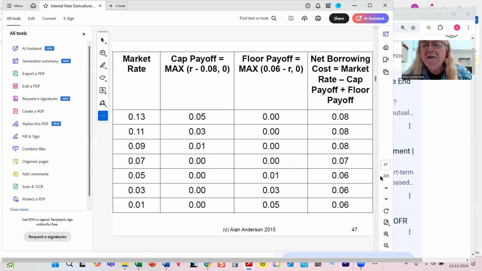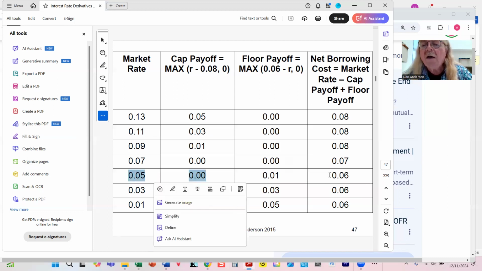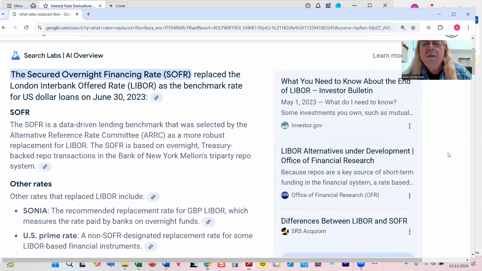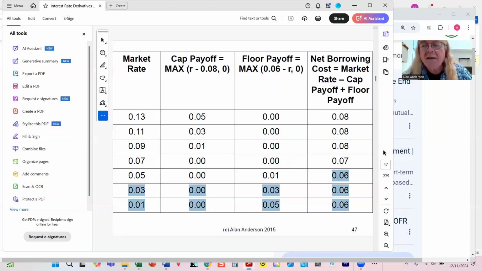But if the market rate drops, no matter how low it goes, our minimum borrowing cost is always 6. But again, this is cheaper. It could be quite a bit cheaper than simply buying the cap in the first place. So this is the trade-off. You have a cheaper way of hedging the risk. And if you're not at all convinced that rates will fall below 6, it might be a good alternative to simply buying a cap because caps can be fairly expensive.